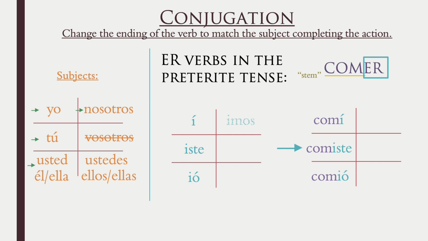For nosotros, the ending is imos. So I end up with comimos. Again, we're not going to worry about vosotros. For ustedes, ellos, and ellas, the ending is ieron. So I end up with comieron, which means y'all or they ate.